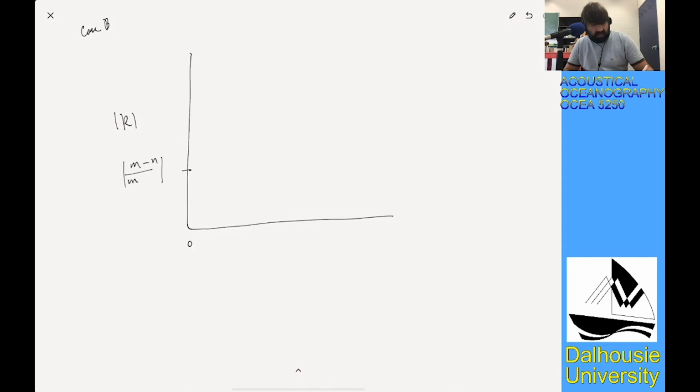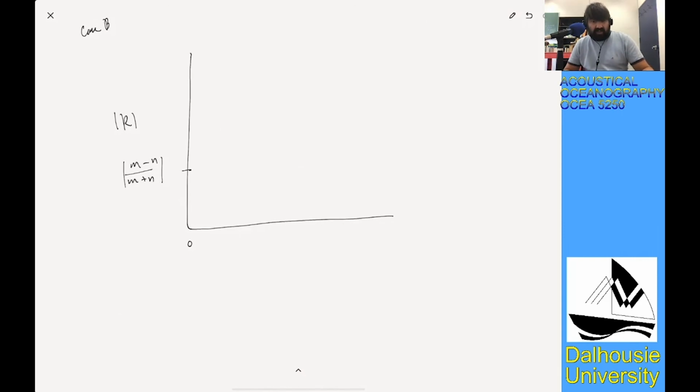Now, we want to draw the same picture we drew before for our case B. A little more room this time, where we have the amplitude of the reflection coefficient, 0. And we know that its starting point is going to be the same because it doesn't care about angle at all.